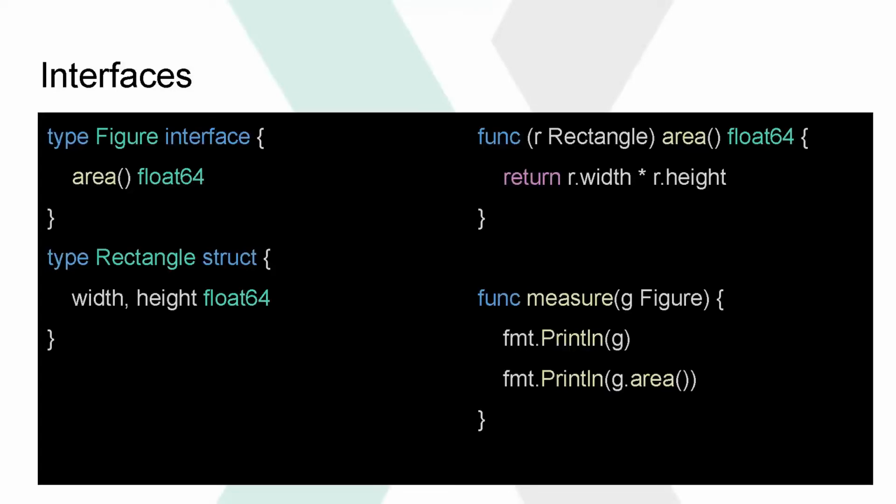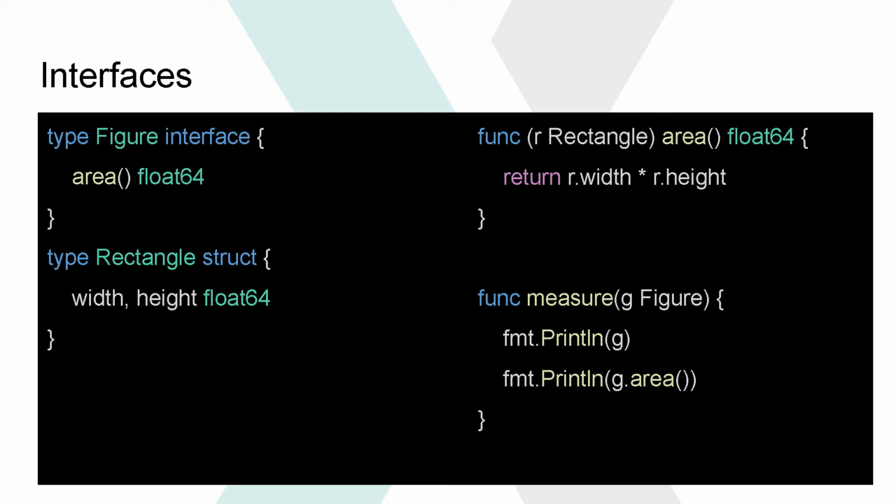Interfaces. Something I'm missing in Python is an interface. So when it comes to interfaces, we define the shape of a variable, how it should look, and we can assign values to it.